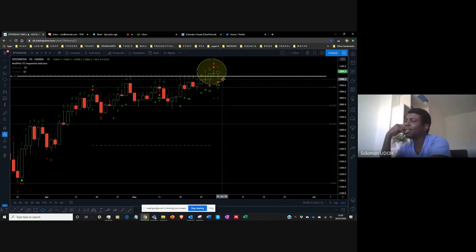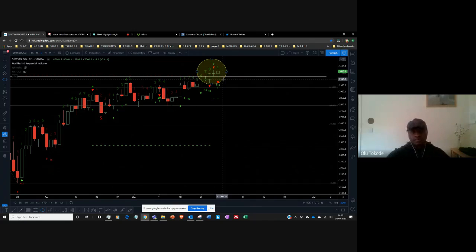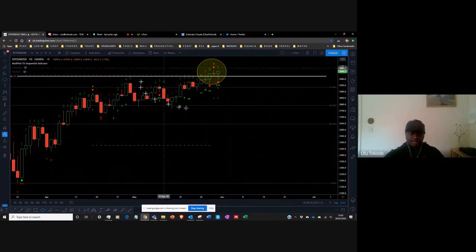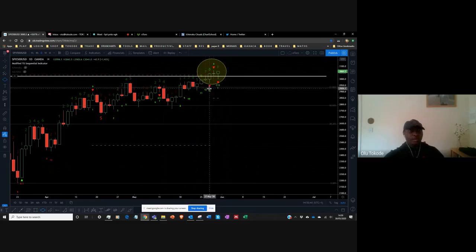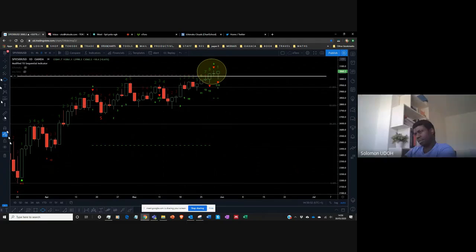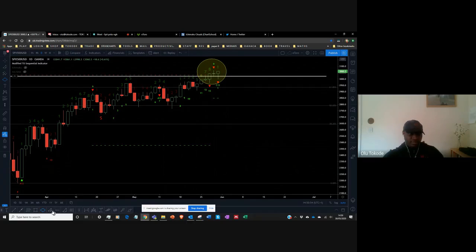It might be right, it might be wrong, but coincidentally, this TD sequential is also identifying exhaustion at that same point. So that's something for me to think about. And if I am expecting a pullback, not a crash, I'm expecting a pullback down to this level.